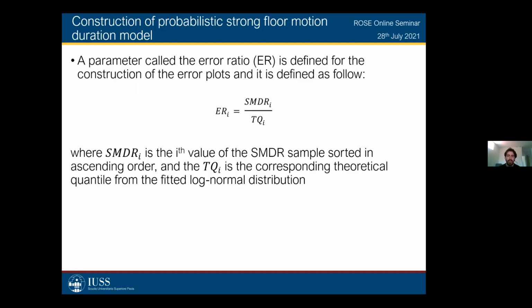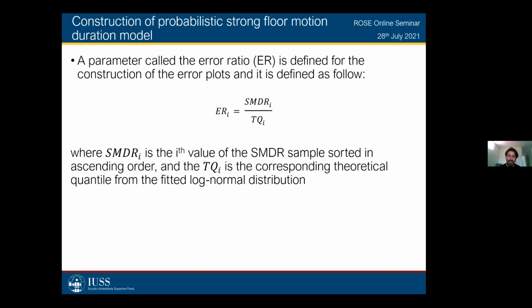So we sort the data in ascending order and go assessing the data point by point. And TQ_i is the theoretical quantile from the fitted log normal distribution, with the subscript i because it's the theoretical quantile at the same step of the sorted values of the complete sample. I know this is confusing, but there's not an easy way to explain this.